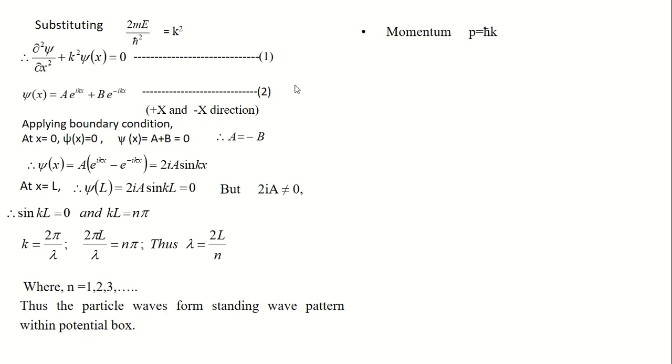Now momentum p is equal to h cross k, we have just seen, and energy E is equal to p square upon 2m. Here k is n pi by L, and h cross is h upon 2 pi. So h upon 2 pi into n pi by L, pi gets cancelled out, and p is nh upon 2L.